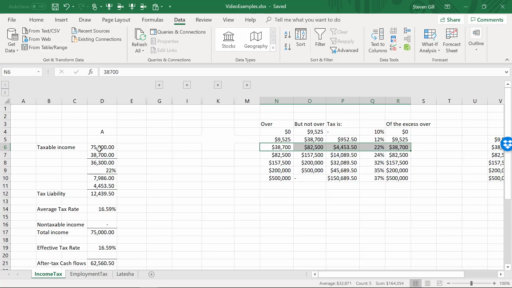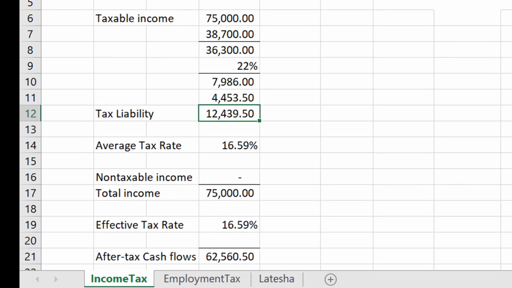So we would take 75,000 minus 38.7, multiply that by 22%, and then add to that the 4453.50 to get a total tax liability of $12,439.50. That creates an average tax rate, which is the tax liability divided by taxable income, of 16.59%.